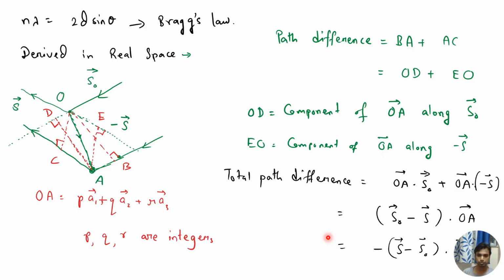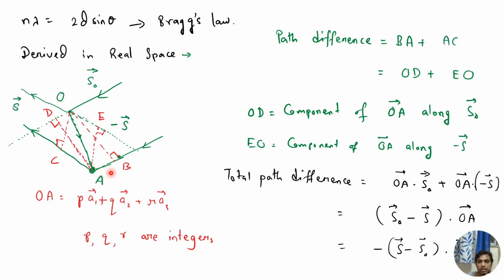Okay. So what we have here is we're trying to understand the path difference between the beams which are getting scattered by O and A. O and A are the real space lattice points.